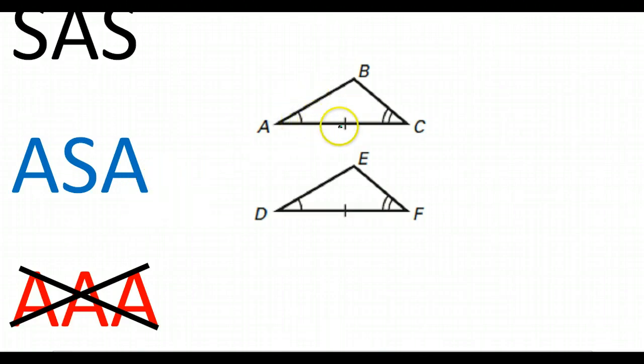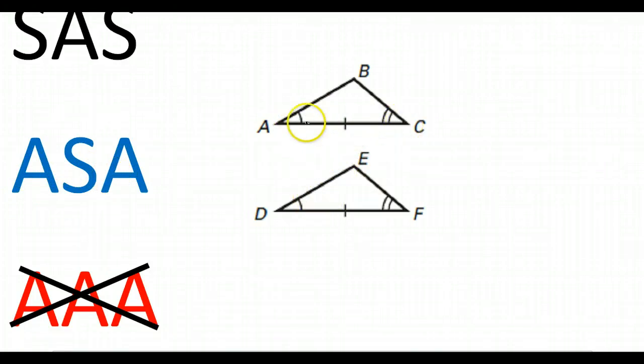If we have 2 angles like this and the side between them, so I have angle A and angle C, and then it had to be the side in between. It wouldn't work if I had these 2 angles and then I had side BC. Oh no, it has to be the side in between.